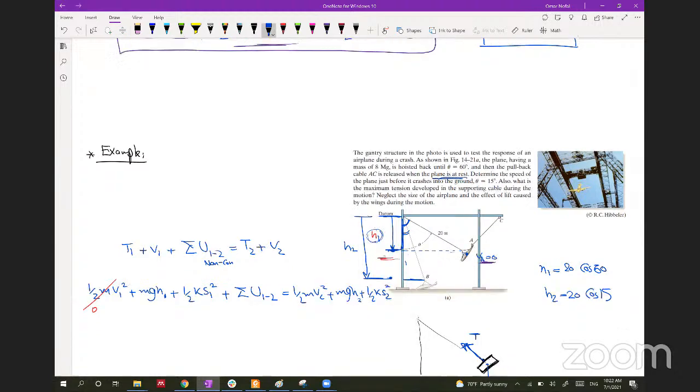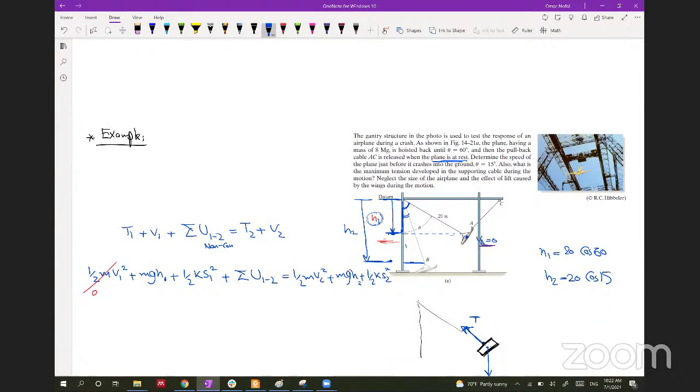Sounds good. So here the mass is 8 million gram, so 8 million gram will be 8,000 kilogram. And this will be multiplied by g, which is 9.81. And you can put the negative in front of the h1, which will be negative 20 cosine 60.